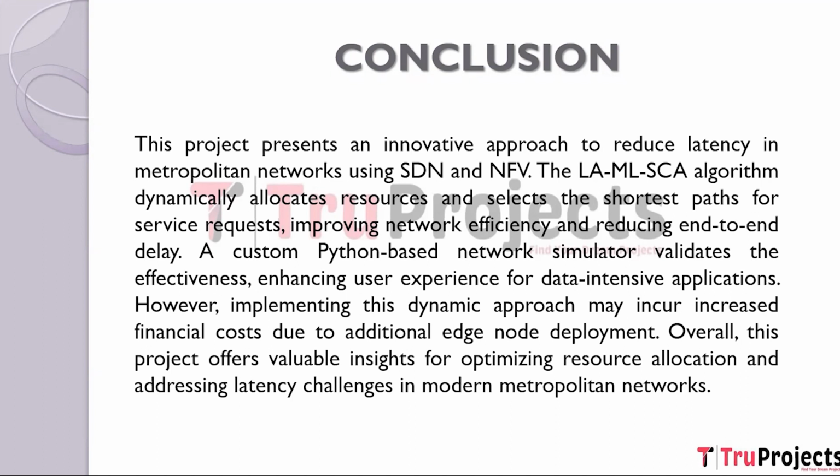The custom Python-based network simulator validates the effectiveness of the approach, showing promising results in enhancing user experience for data-intensive applications. However, implementing this dynamic approach may entail increased financial costs due to the deployment of additional edge nodes. Overall, the project contributes valuable insights towards optimizing resource allocation and addressing latency challenges in modern metropolitan networks.